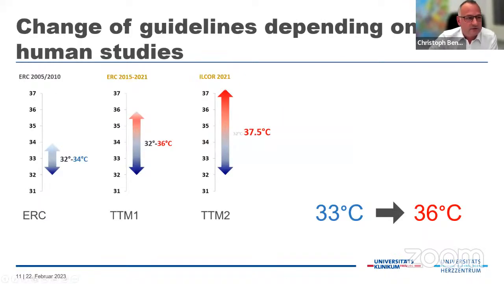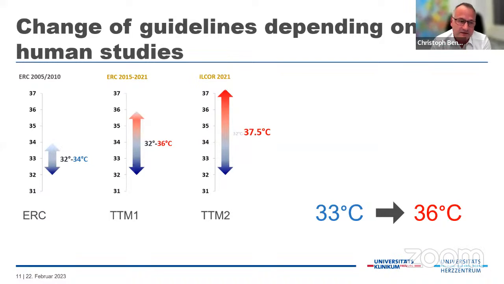So, looking at the human studies and how the guidelines changed in the last years. In 2005, the HACA study recommended hypothermia at 32 to 34 degrees. And when the TTM1 study was published, they reported that there is no difference between 32 and 36 degrees.